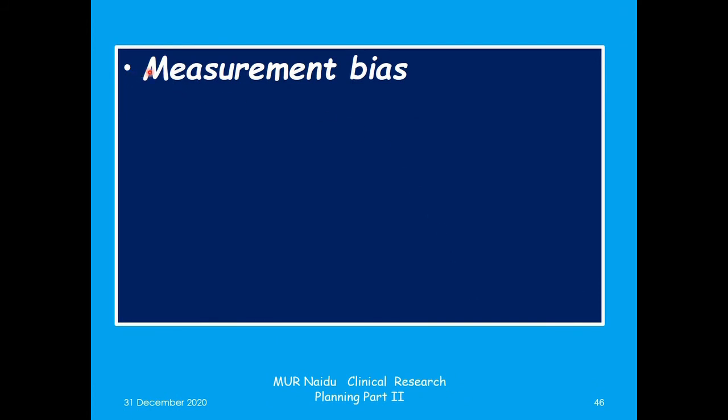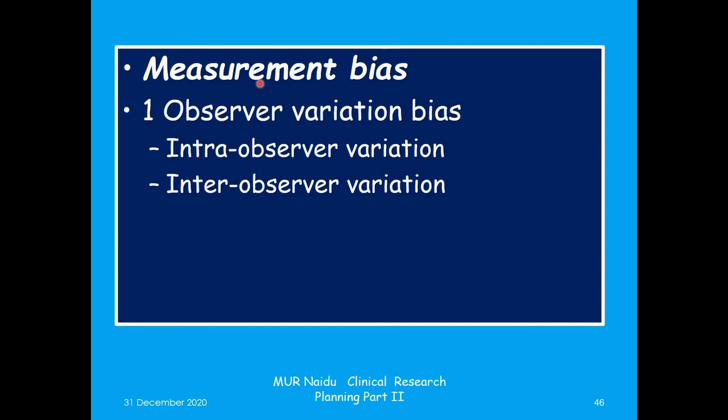Next, which is very important, are various measurement internal reasons or some genomic variation. That bias may also be responsible, and it comes under non-response. Among those who are recording the various variables and parameters, there may be significant variation.